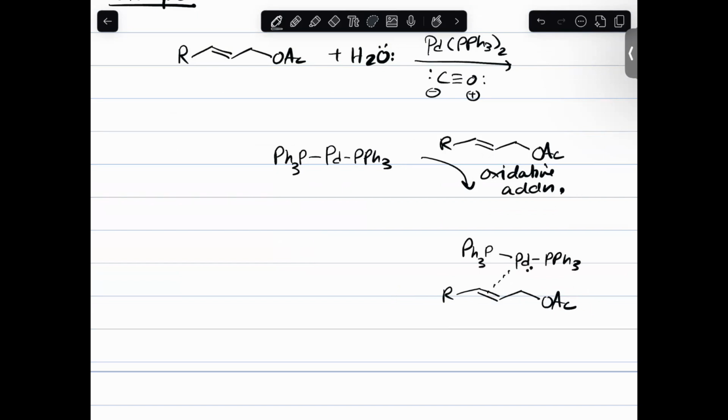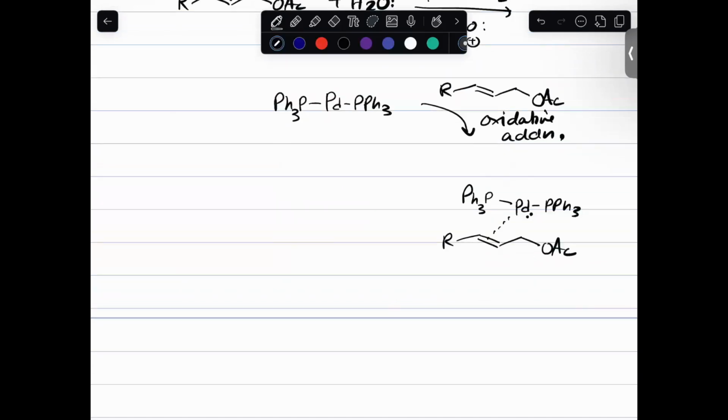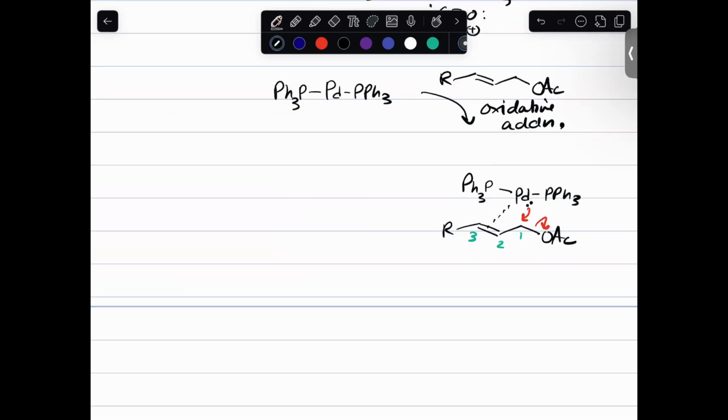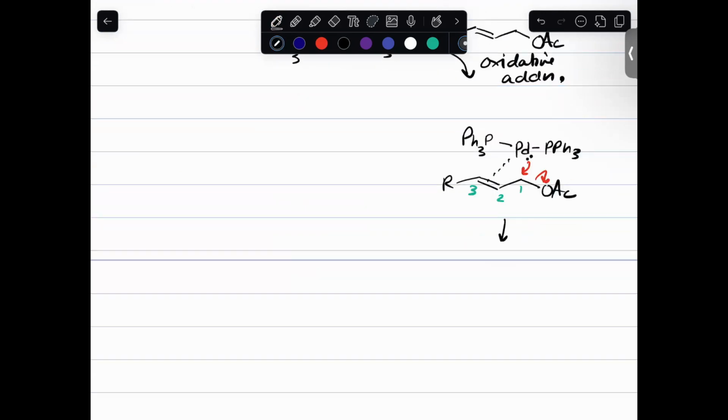Just like before, we take advantage of our lone pairs. If you need me to draw out or number the carbons, I can. We also have our complexing alkene to our palladium and our leaving group.